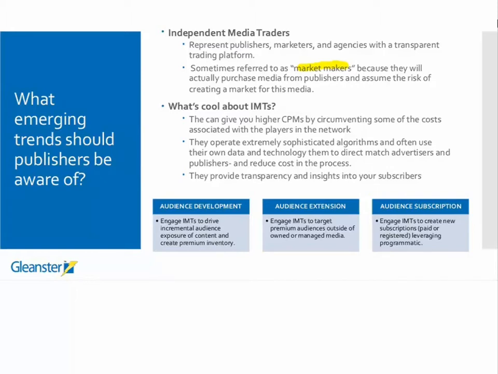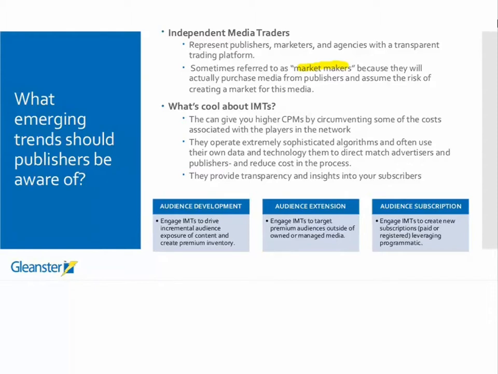What's cool about independent media traders is they can give you higher CPMs by circumventing some of those costs. At the same time, they can layer in transparency and insights into your subscribers, and they can bring the expertise, the insights and the domain knowledge to do this effectively.